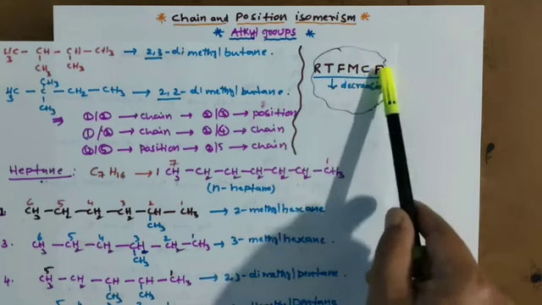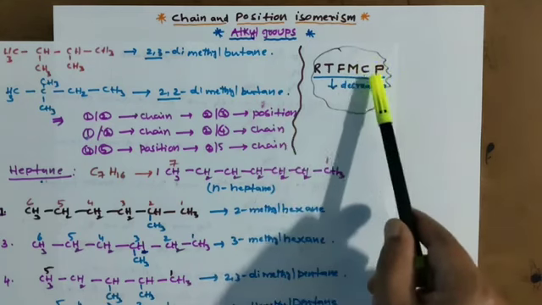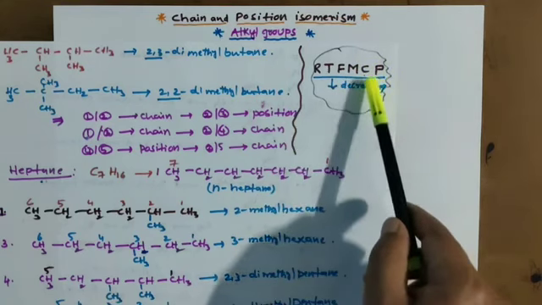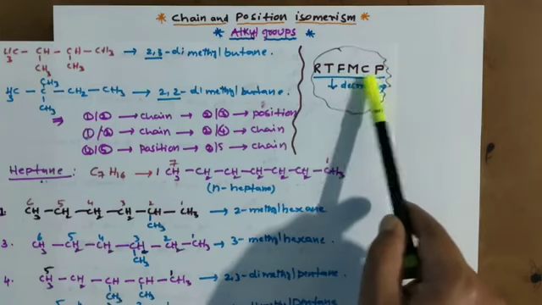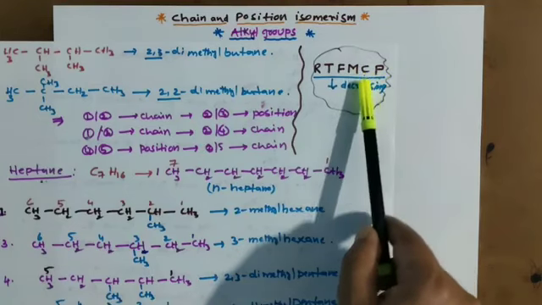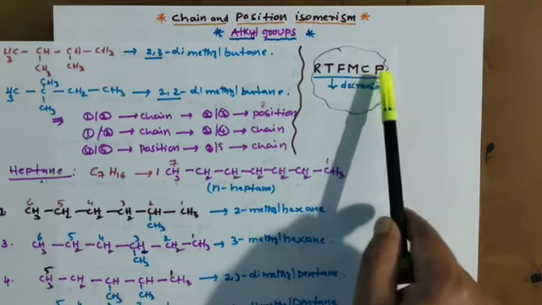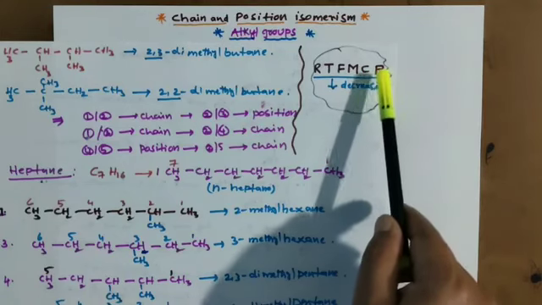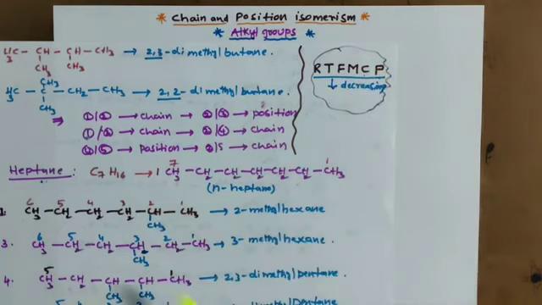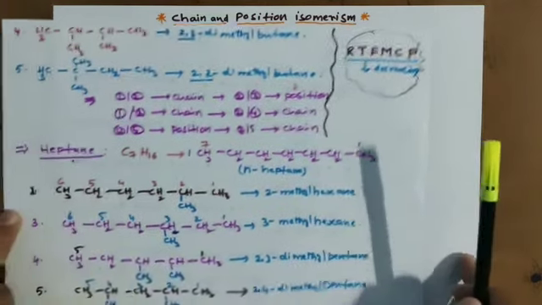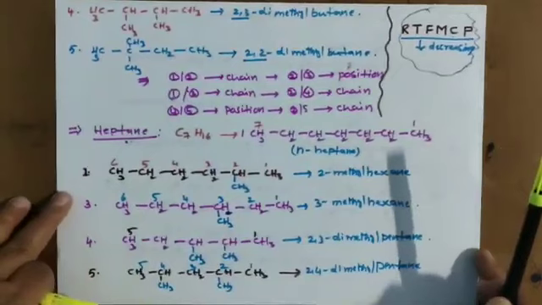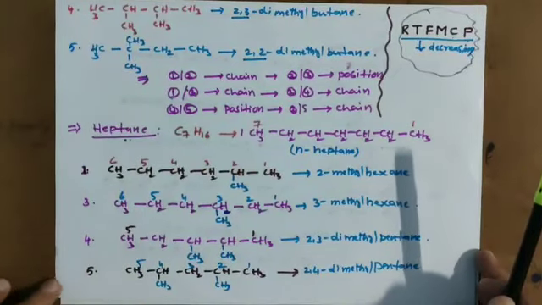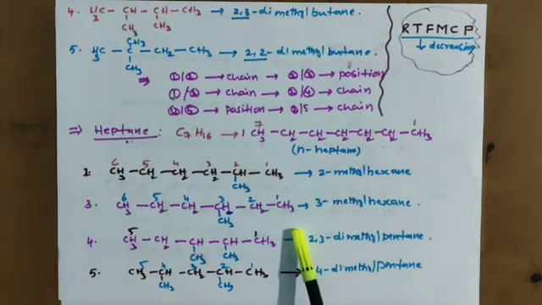In the last class we discussed that if any isomer exhibits both chain and position isomerism, we have to give priority to chain isomers, not position. Position isomers are least priority. If anybody still needs the screenshot, you can take it.